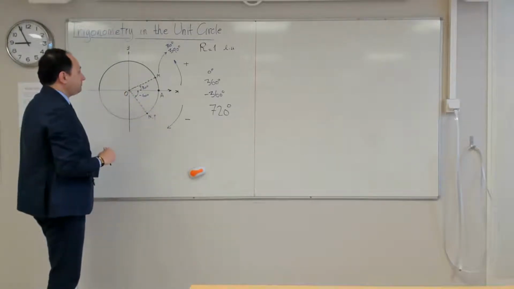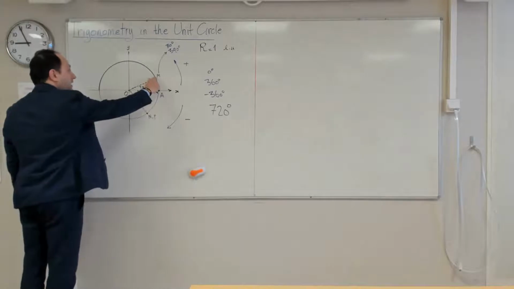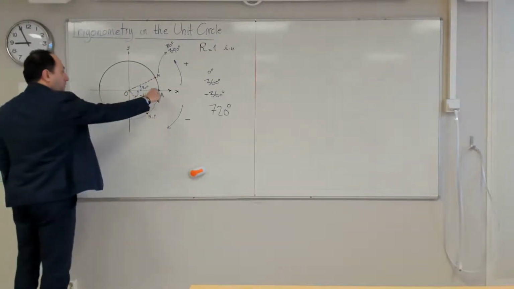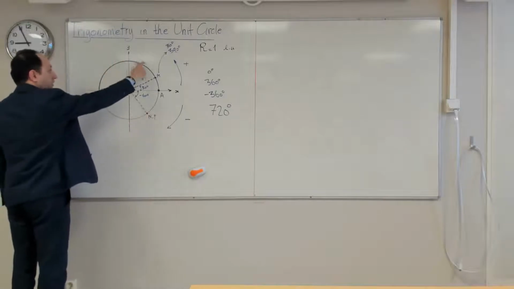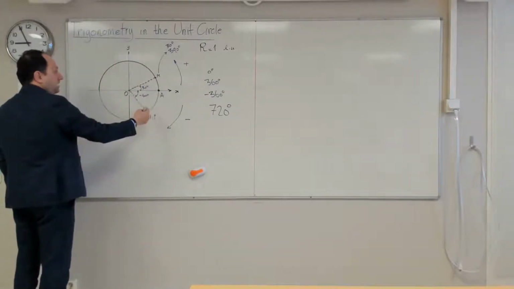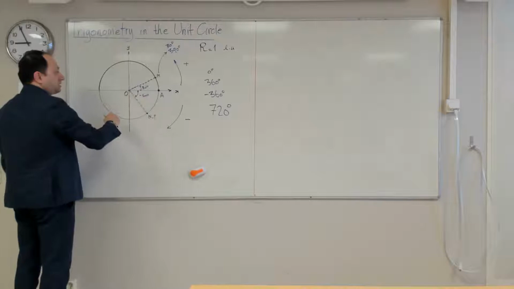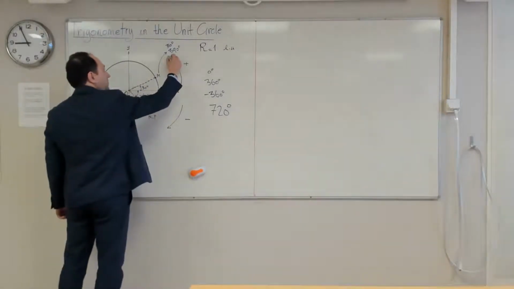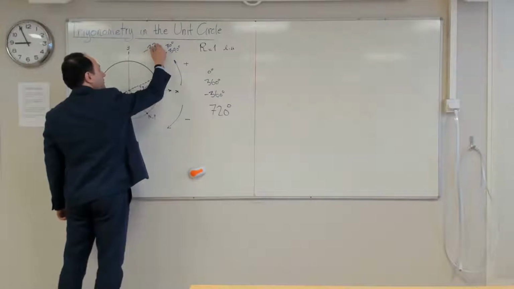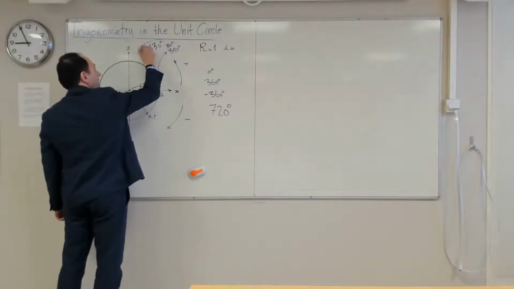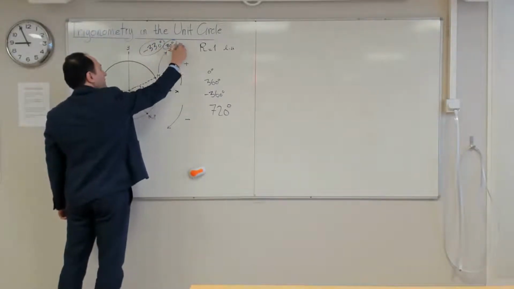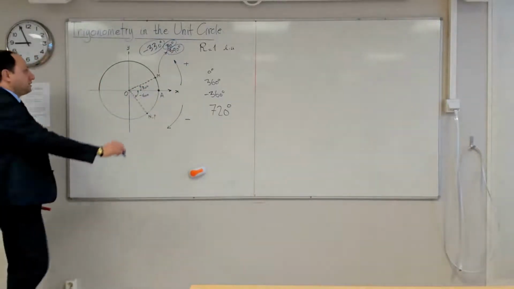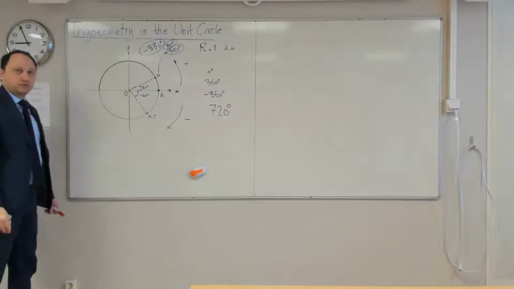Yes? Can I give a negative name for M? What can I do? I go the other way around. For example, I reach here. So how much is that? It is 330 degrees, but in the opposite direction. So I can give it minus 330 degrees. So these are different angles, but they end up exactly at the same point.